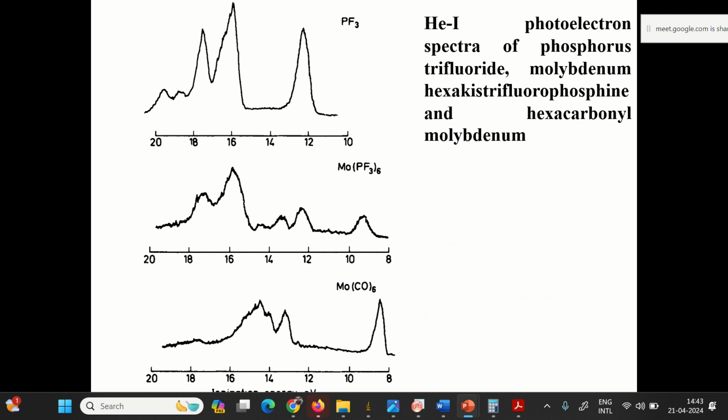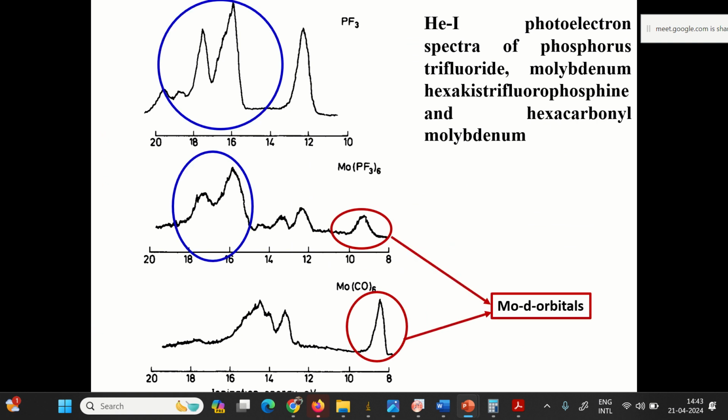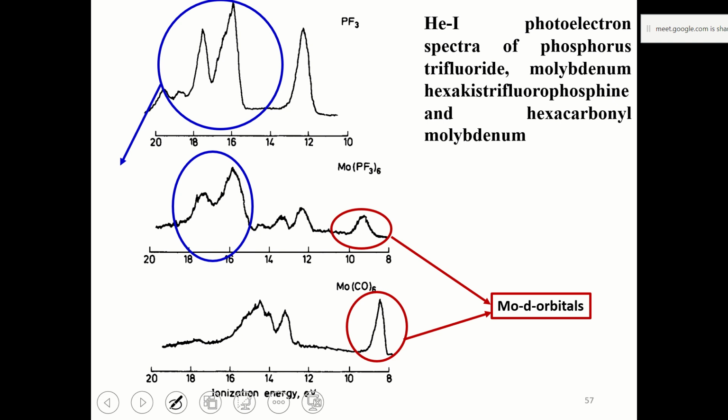We are discussing the molybdenum. So at the lower side, lower ionization energy, what we have is molybdenum d orbitals. It is easier to take away an electron from the metal d orbitals, and so it appears at very low ionization energy. See the scale, lowest here and highest on this side. So first we analyzed the two extreme positions, whatever bands you are getting, you first try to analyze them.